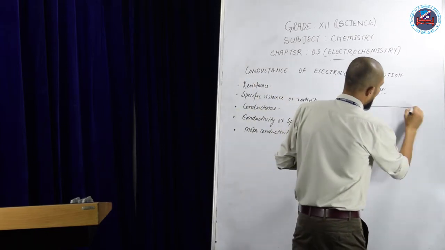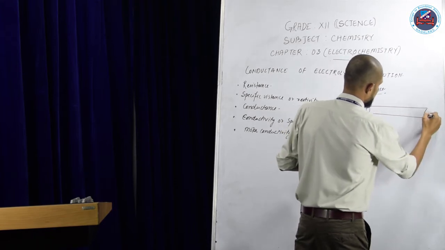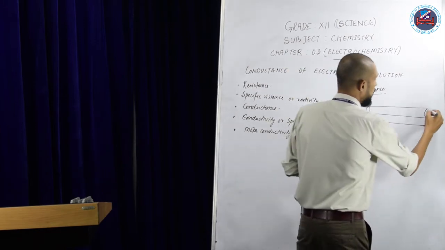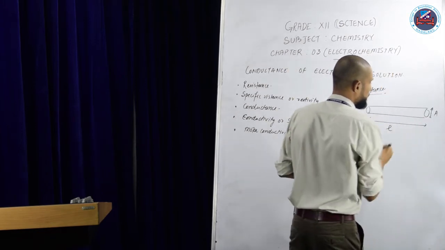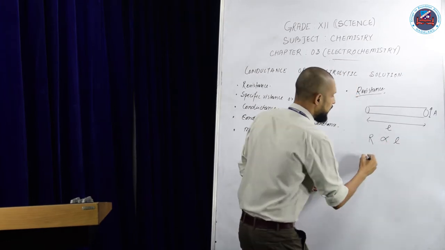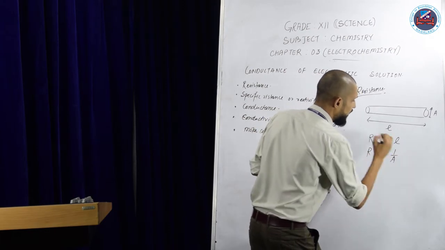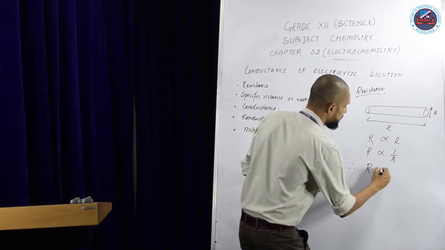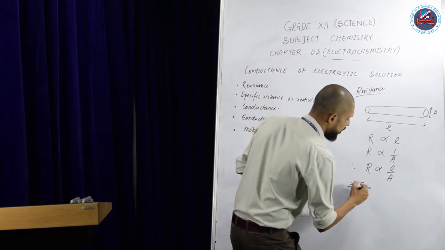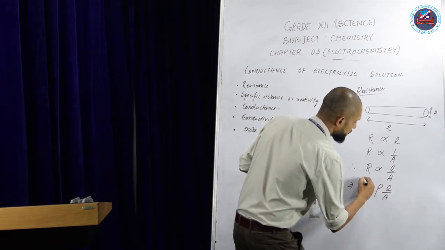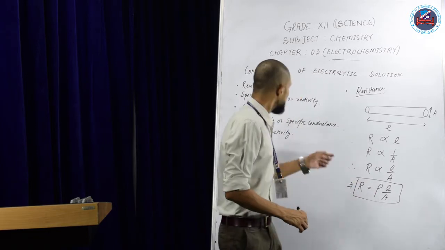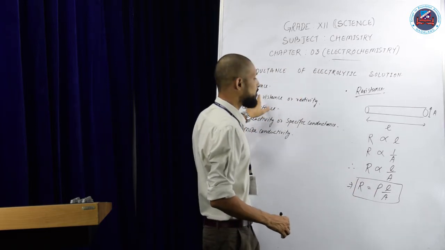So if we take a conductor having length l and area of cross section A, resistance is directly proportional to l and is inversely proportional to A. So if you combine, resistance is proportional to l by A, or R is equal to rho l by A, where rho is a constant and is known as resistivity or specific resistance.